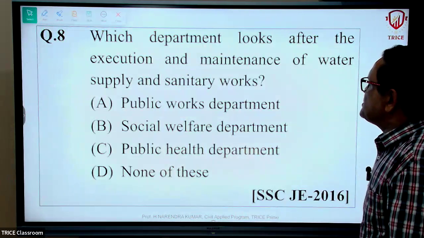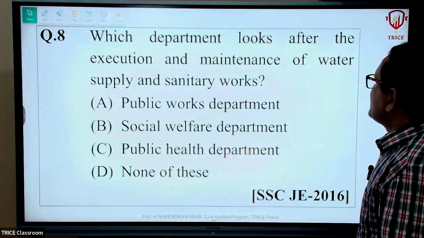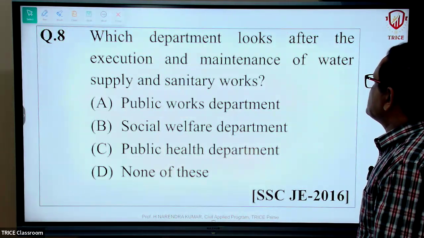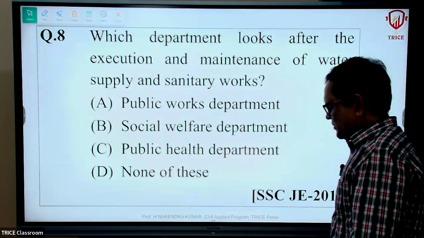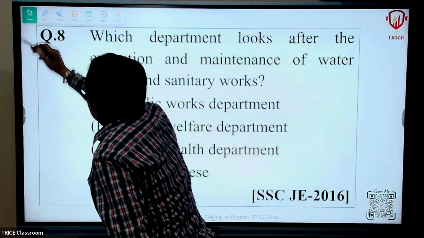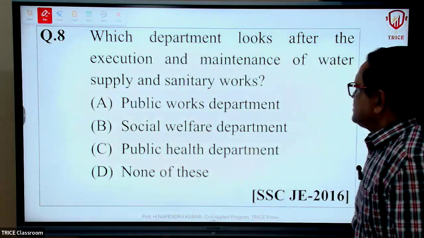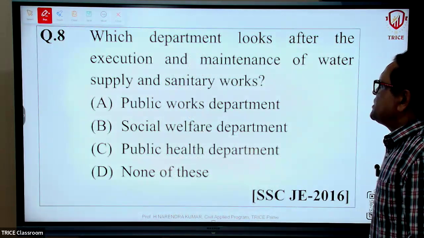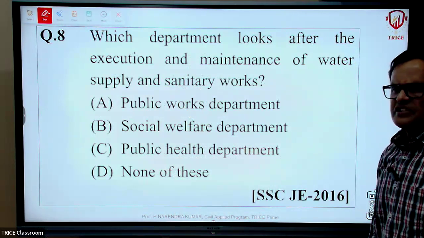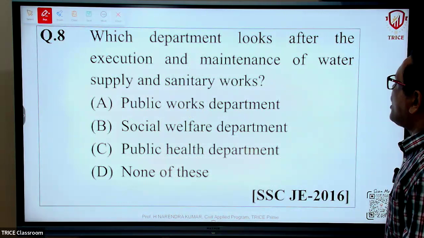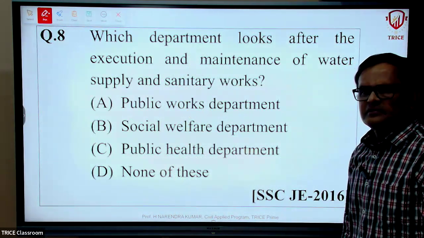The next question: which department looks after the execution and maintenance of water supply and sanitary works? This is one of the requirements. In the examination, the candidate should have some general knowledge of how the system works.